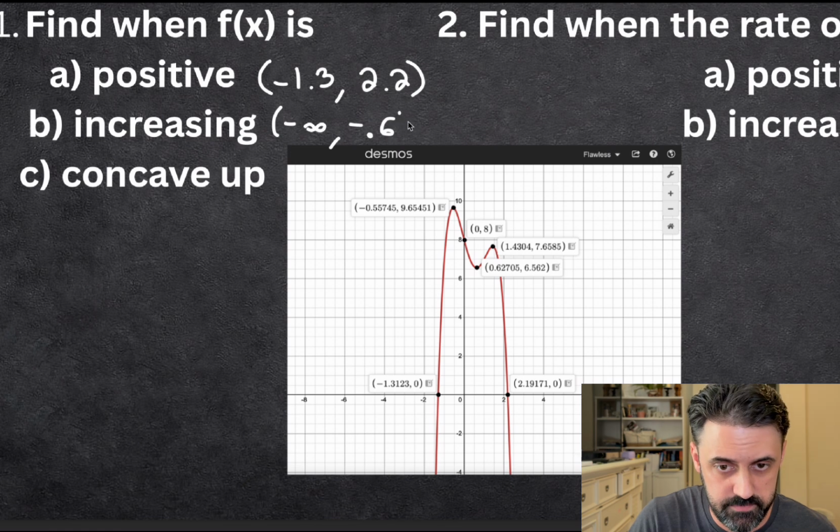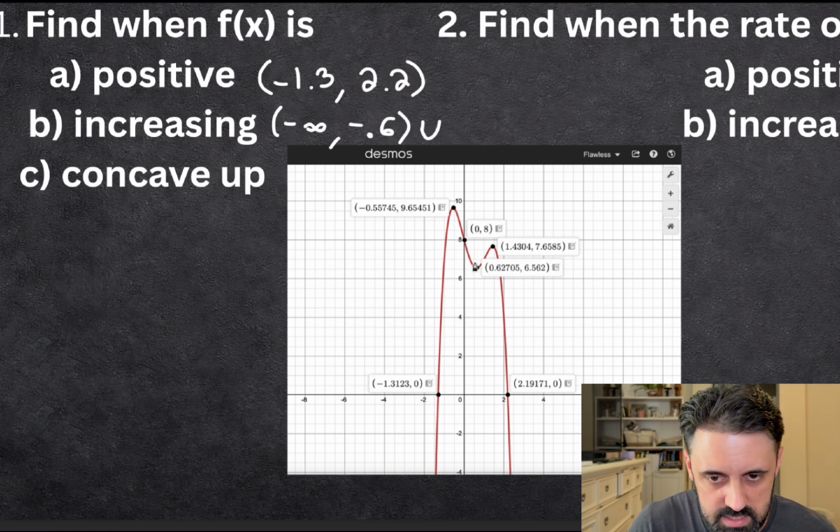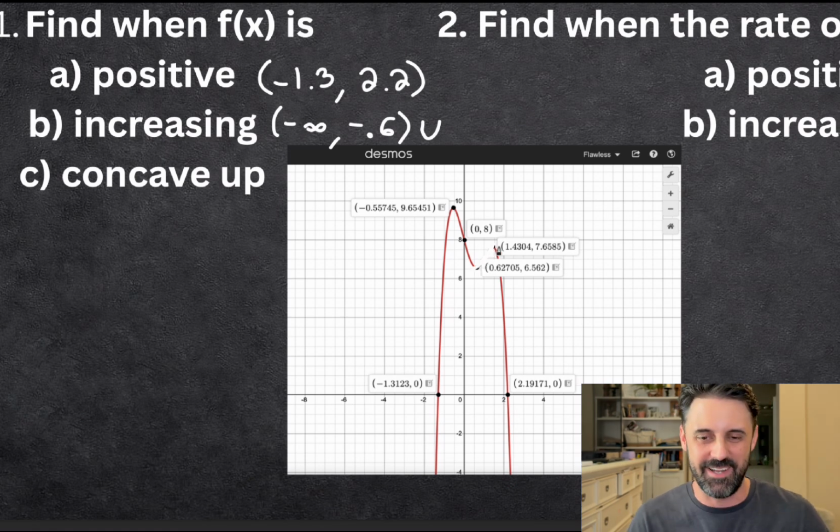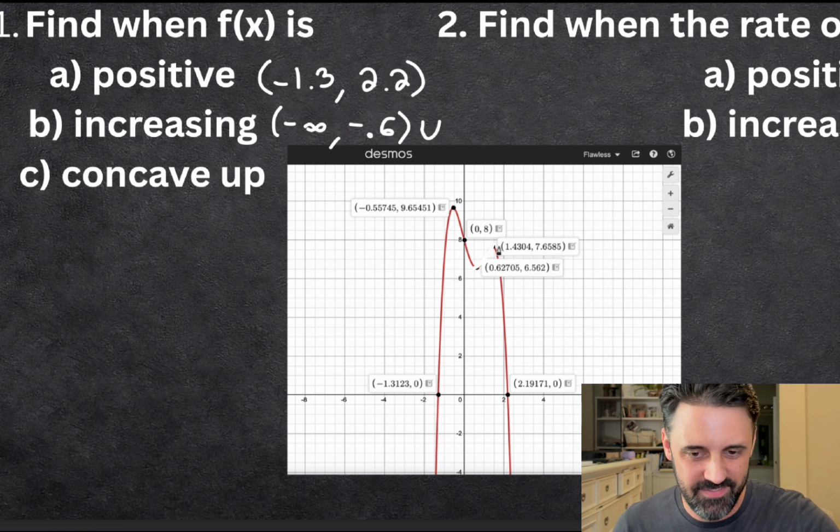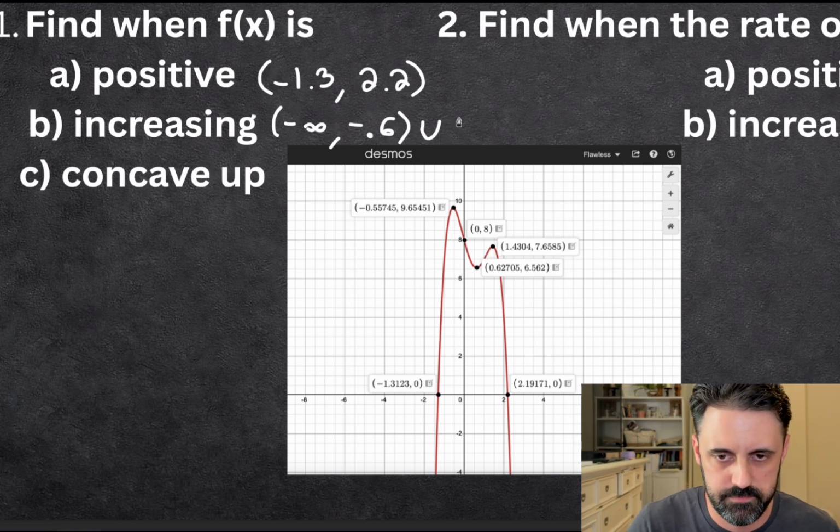That's the first interval. The second interval that it's increasing is this section, right? Made it white, so I don't know if it's easy to see or not, but that section right there from about 0.6 to about 1.4. All right, so 0.6 to 1.4.